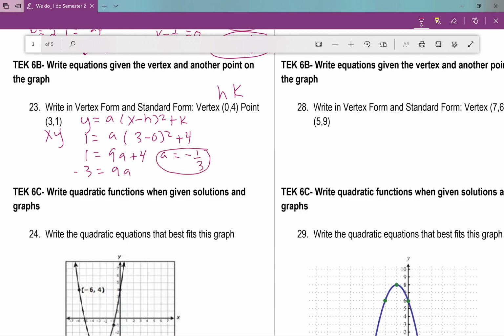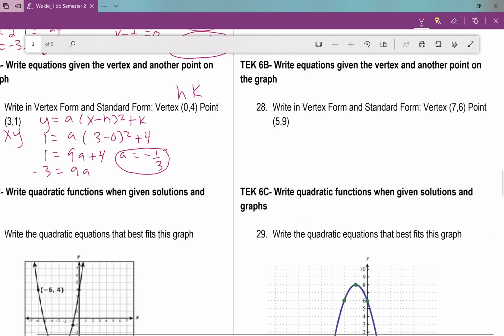So then I need to use that a value and plug it back into my formula. So I'm left with y equals -1/3 x squared plus 4. And notice that this is in both standard and vertex form since h was 0. We don't have to do much work. So this is my answer here.